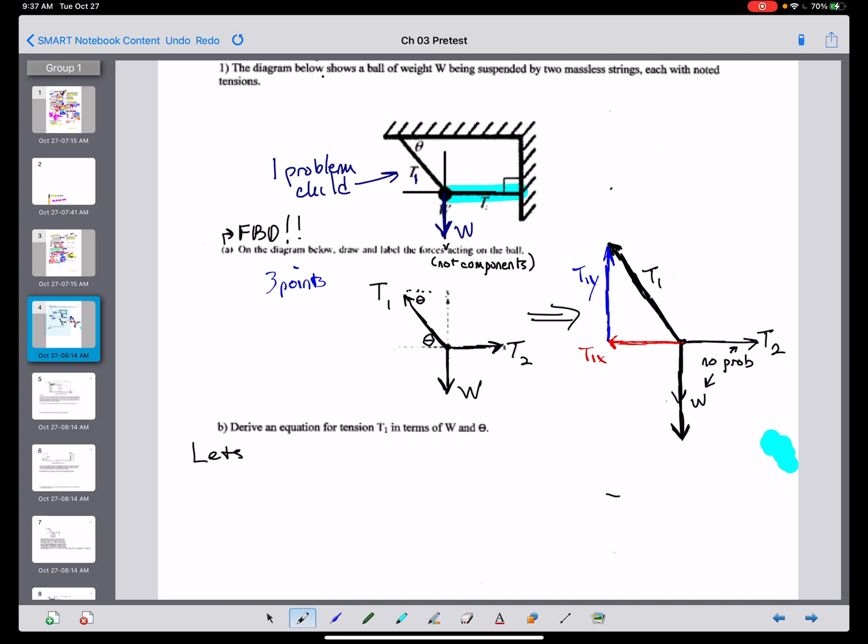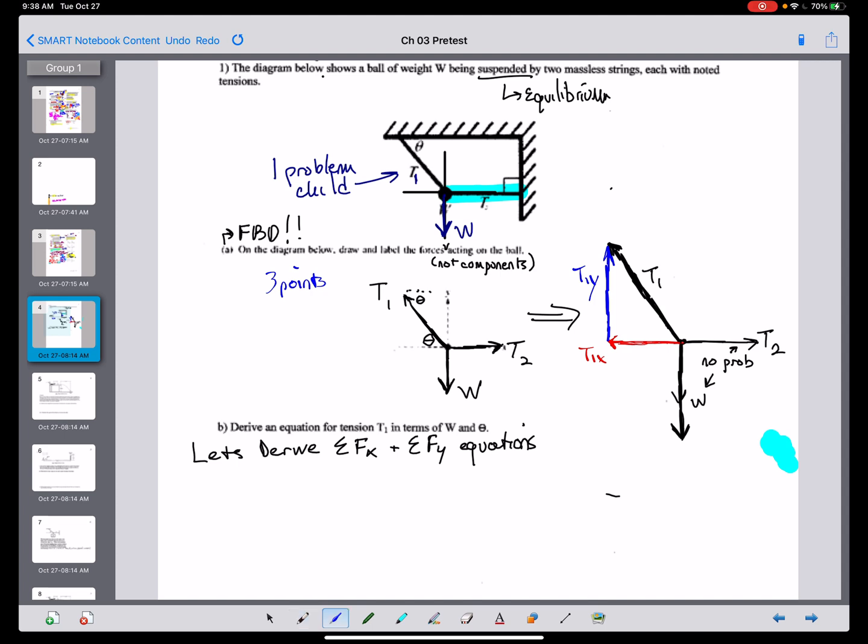So now that you've got the FBD, we need our X and Y sigma equations. Let's derive sigma Fx and sigma Fy equations. We have an equilibrium situation. It's suspended, which is a beautiful thing when we're in equilibrium.